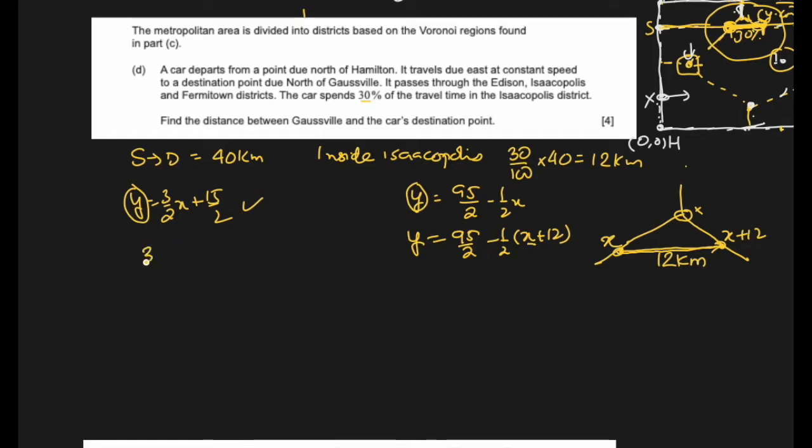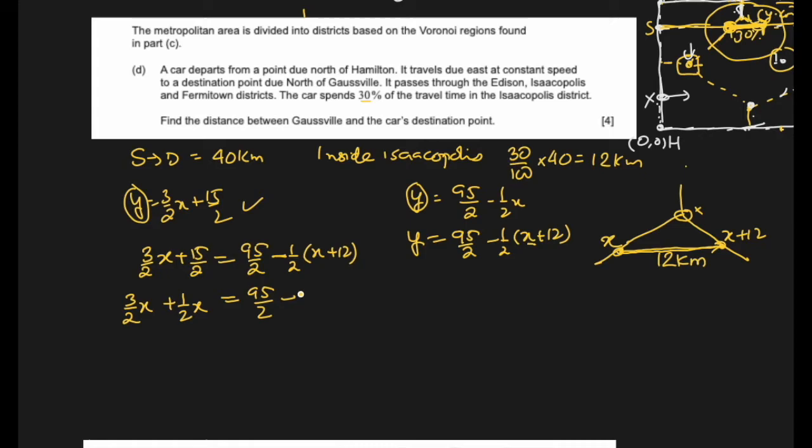So it will be 3 over 2 x plus 15 over 2, which is y. In this case, it will be equal to 95 over 2 minus half times x plus 12. And let's find the x value. So x is 3 over 2, or x will stay here, and this minus half x will become plus half x on the left side, and then we have numbers here, 95 over 2.